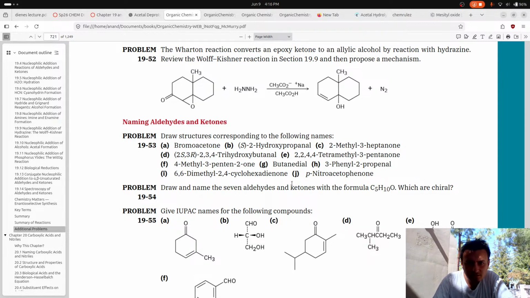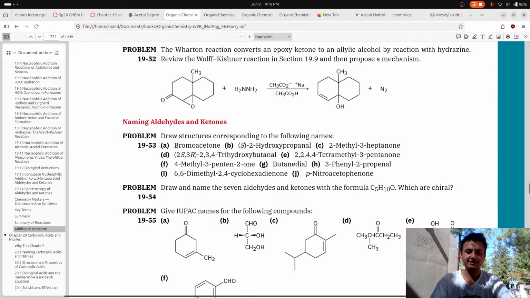Cyclohexadiene. Oh, and then it's on the 1. Cyclohexanone. Dimethyl diene. 1, 2, 3, 4 methyl.